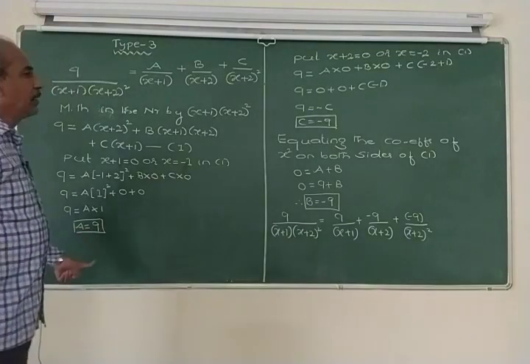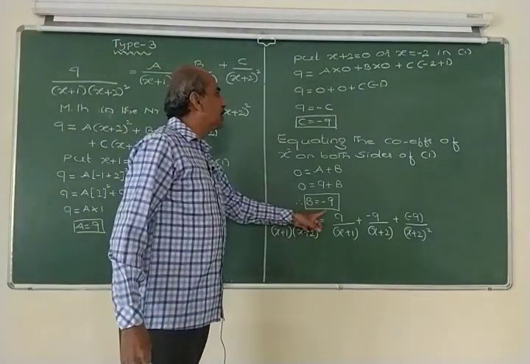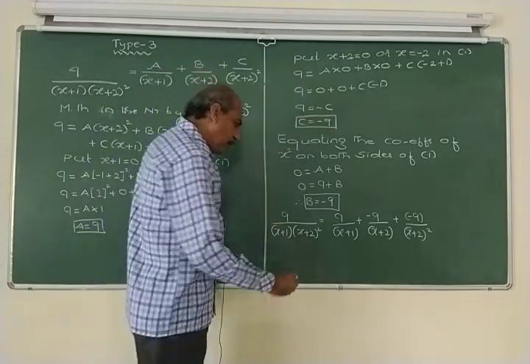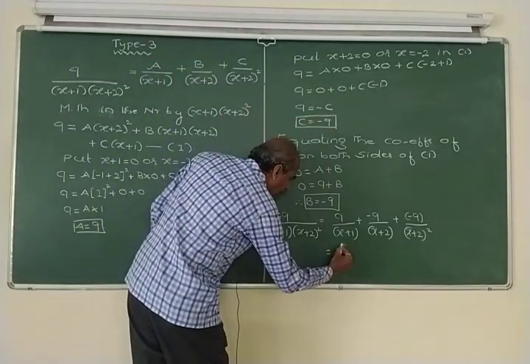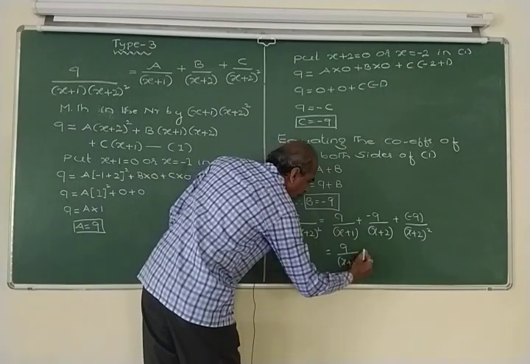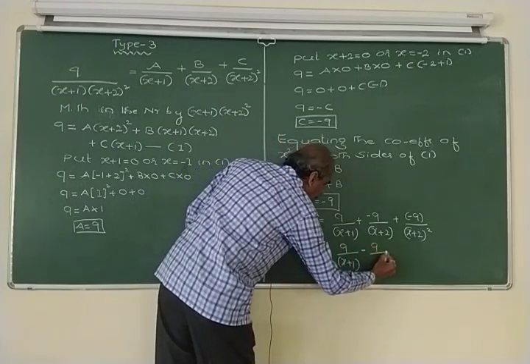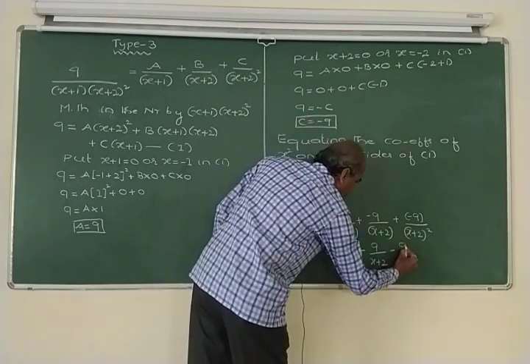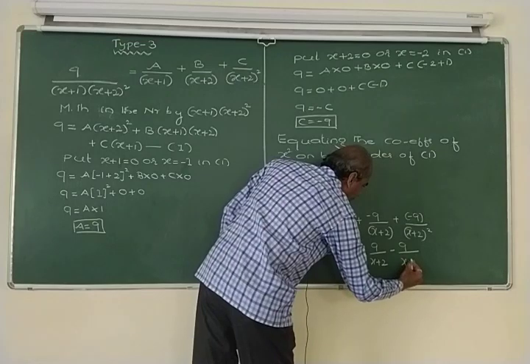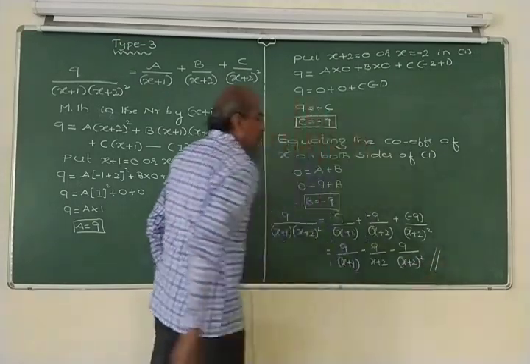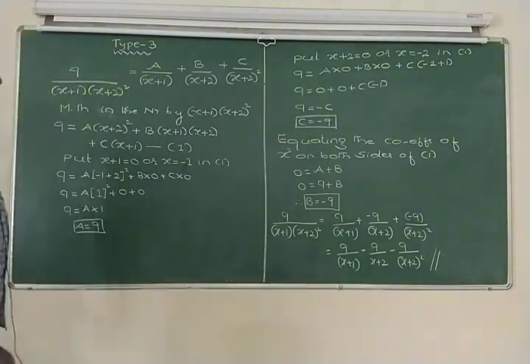A is 9, B is minus 9, C is also minus 9, or else you can also write like this: 9 by x plus 1 minus 9 divided by x plus 2, plus into minus is minus, minus 9 divided by x plus 2 the whole square will be the answer. Okay. I hope you got it.